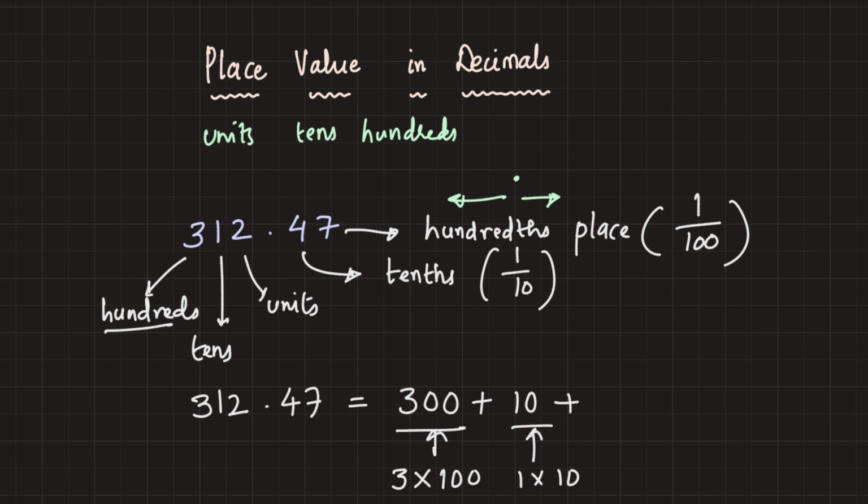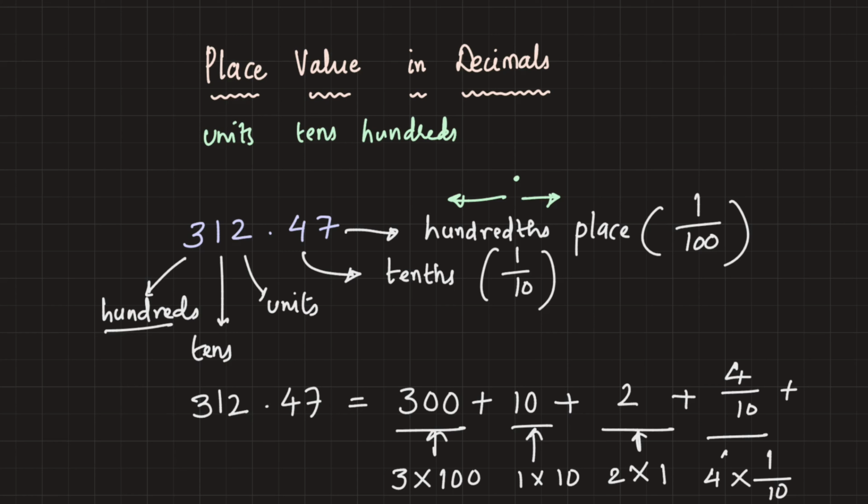Then we have 2 which is in units place, so we multiply it by 1. So this is 2. So 300 plus 10 plus 2 plus, now we have 4 and we need to multiply it with the place value which is 1 by 10. So which gives us 4 by 10.